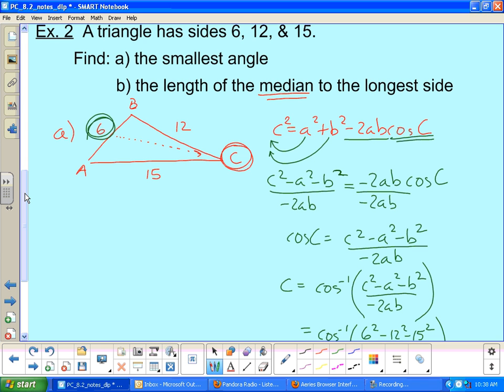So we're going to the longest side, which is 15. It's coming from B, and we're going to intersect at the midpoint of that line segment. That is a median. Not an altitude, which is a perpendicular line to an opposite side. That's different.